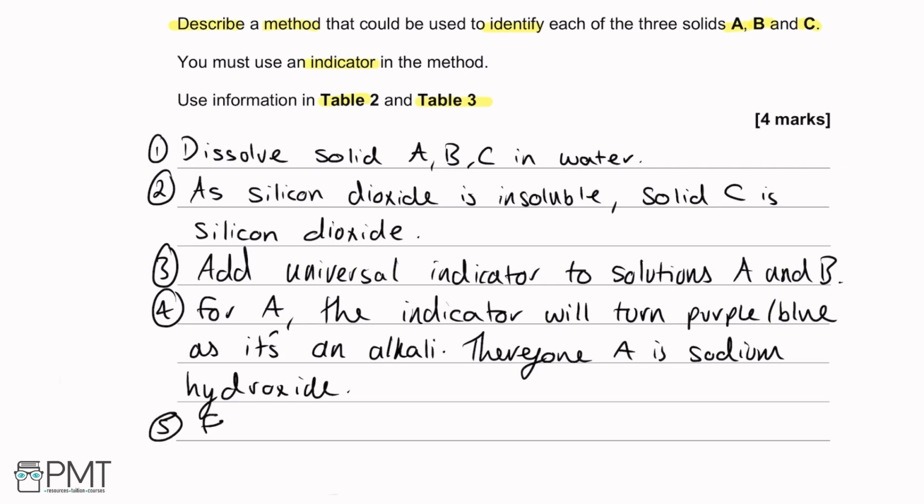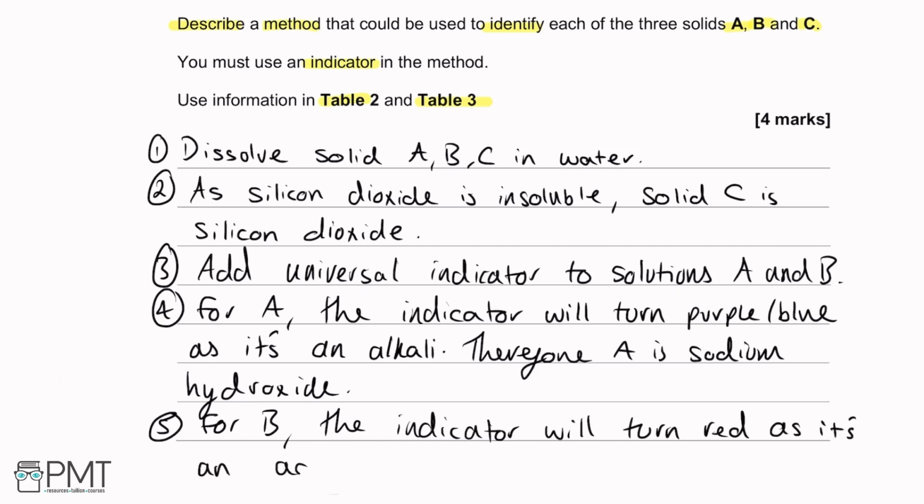For B, the indicator will turn red as it's an acid. Therefore, using a process of elimination, B has to be phosphorus oxide. So in our answer we've mentioned the universal indicator, and we've broken down how to identify solids A, B and C.